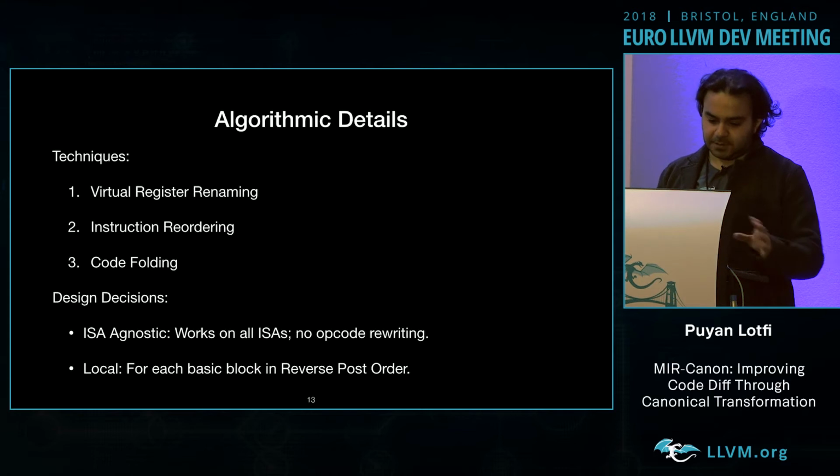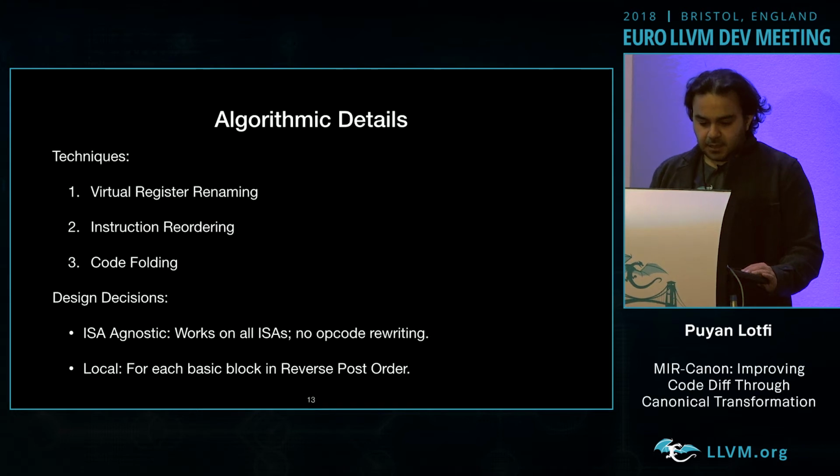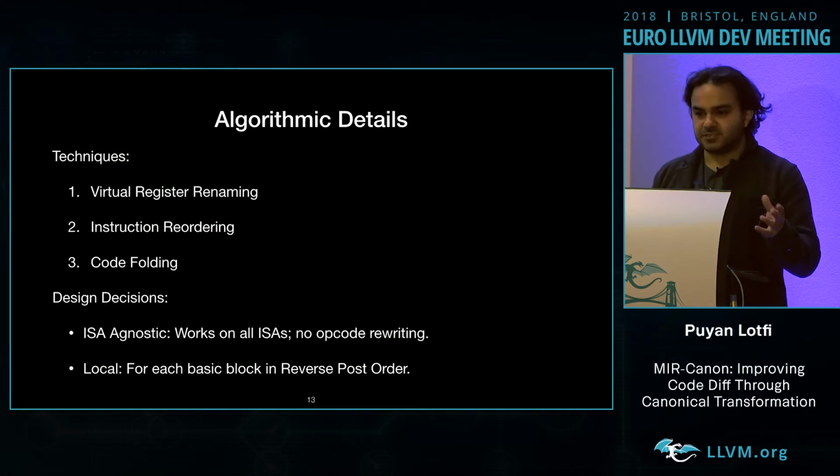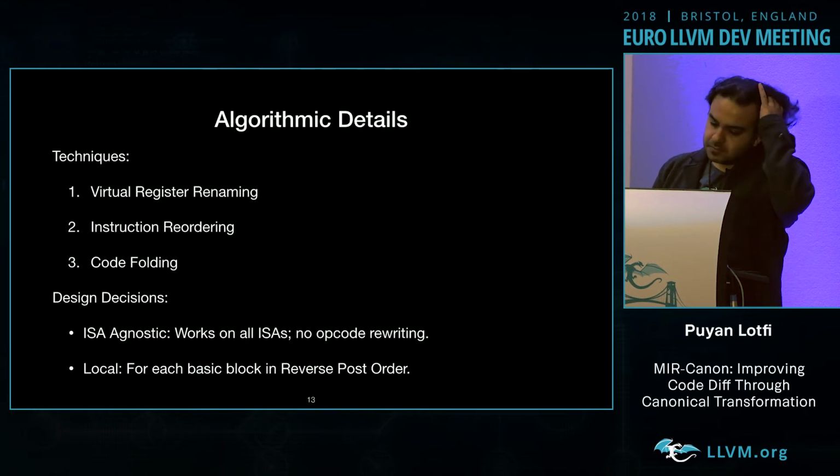We don't use the opcodes to canonicalize in this iteration of MIR-Canon. And lastly, all of these techniques are local only, so we only apply them on a per basic block basis. But we do process all the basic blocks in a CFG in a reverse post-ordering, and this gives us a canonical ordering of the basic blocks.